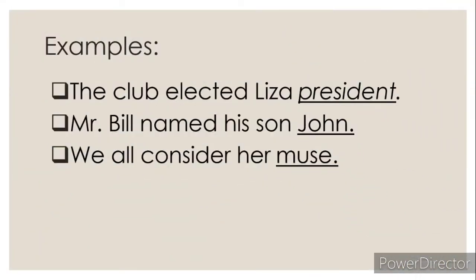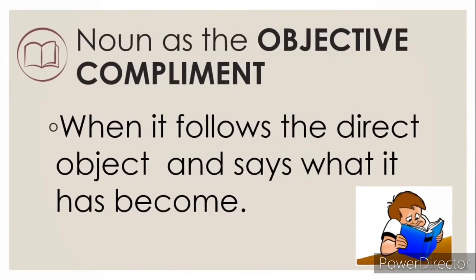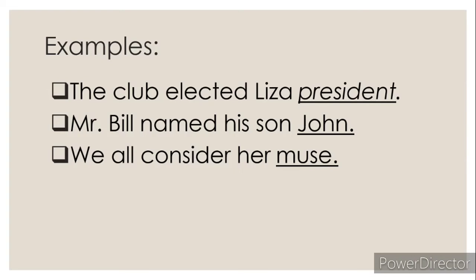For example, the club elected Lisa president. Okay, so here president is part of the predicate, but it tells us what happened next. Okay, what happened to the subject, what it has become. Okay, so that is what we mean when we say objective complement.